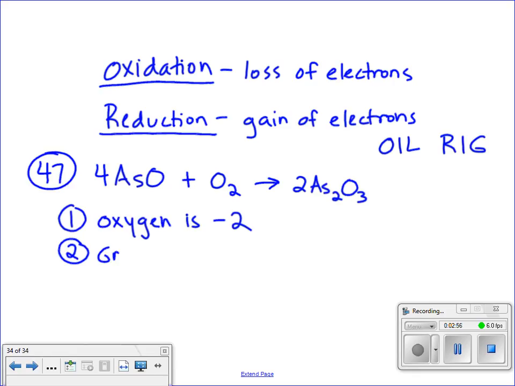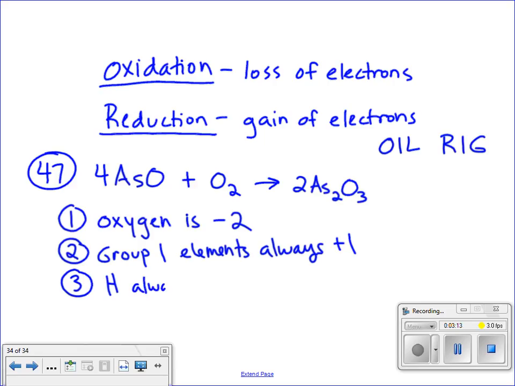Group 1 elements are always +1. Hydrogen is always +1. Those are the ones we really need to focus on, the oxygen and the hydrogen, and then we can figure out the other oxidation numbers.